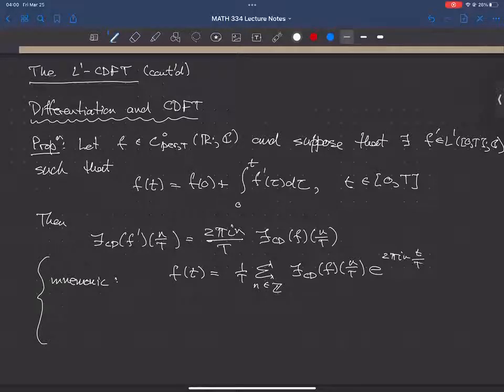Okay, and I don't really mean equality here, because generally that sum doesn't converge in any meaningful way. All right, but assuming that that's okay, then to differentiate this, so taking an incorrect expression and differentiating it.